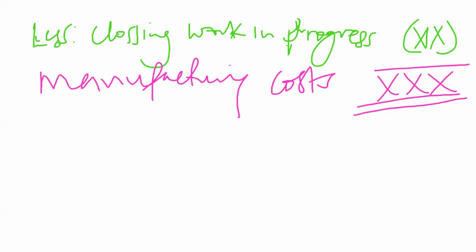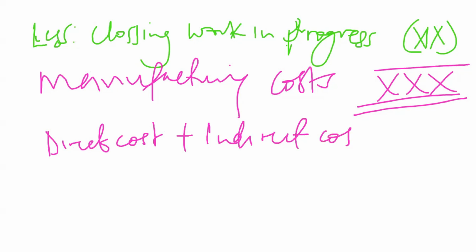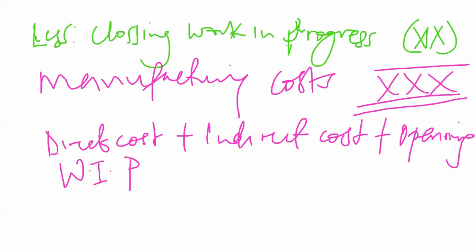So the manufacturing cost, in summary, is equal to the direct costs plus the indirect costs plus opening work in progress, then minus closing work in progress.